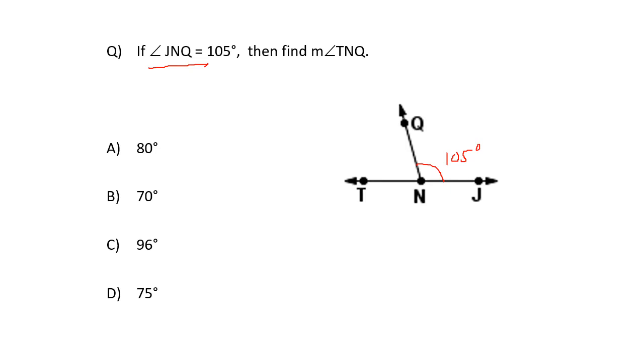It is a little more than 90, and from the diagram also it seems like it is more than 90, right? Then what they're saying is, find out the measurement of angle TNQ. TNQ meaning this one, right? This is the question mark. So let's assume this angle is X. So how will we write? Let the measurement of angle TNQ be X degrees.